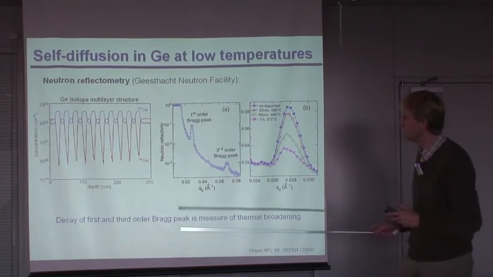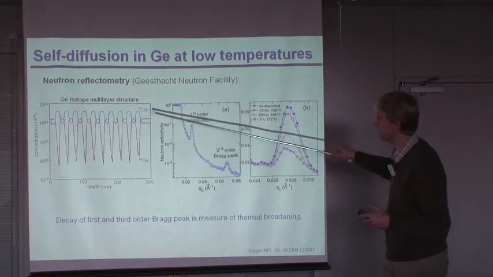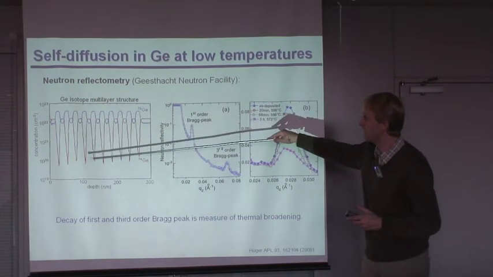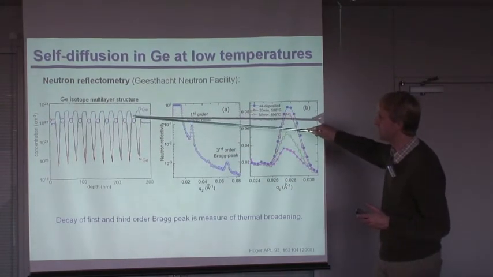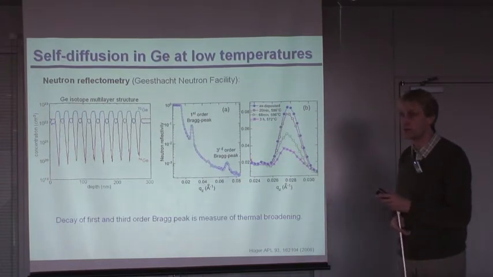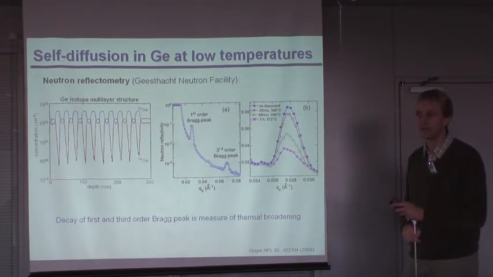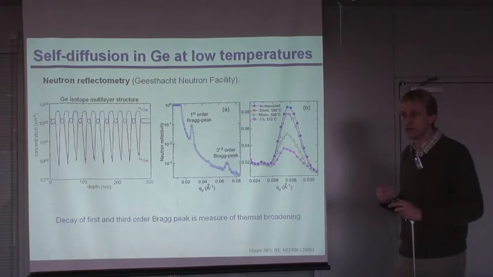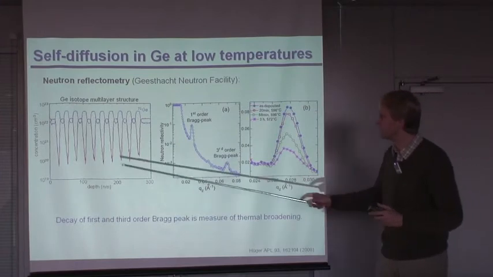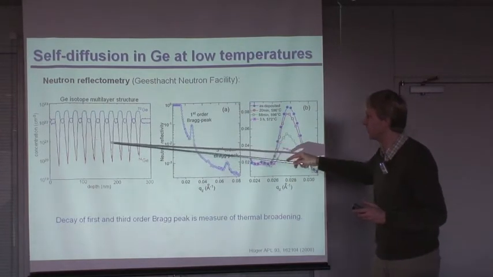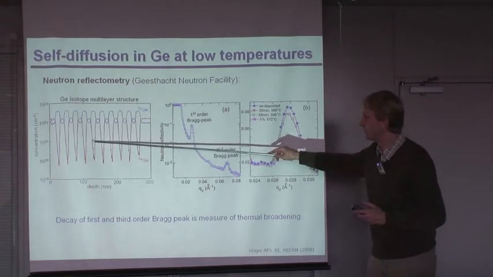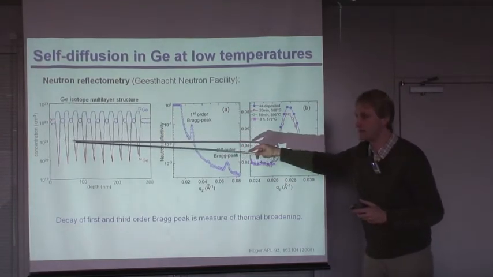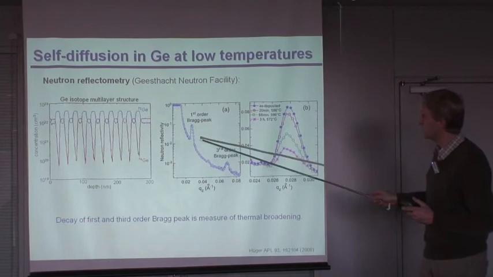And this means if you have a periodicity in the germanium layers, maybe alternating germanium-70, natural germanium, you have an artificial lattice. And this the neutrons feel, and so you get a Bragg peak due to the periodicity of this ordering of this isotope structure. And this is shown here.